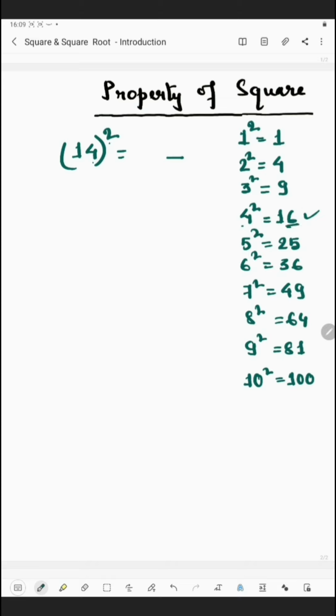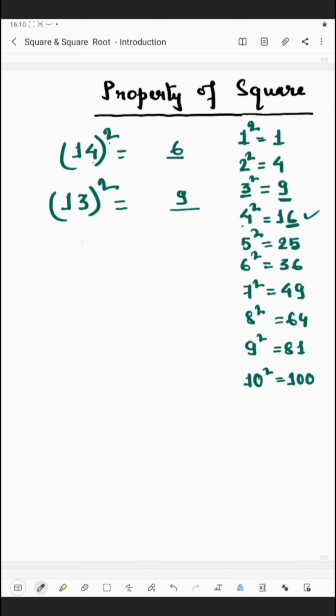Now the digit at unit place is 6. So without finding the square, we can easily say that the digit at unit place will be 6. Now suppose I take the number say 13, what will be the unit digit of the square of 13? See, 3 square means 9. So the digit at ones place will be 9.